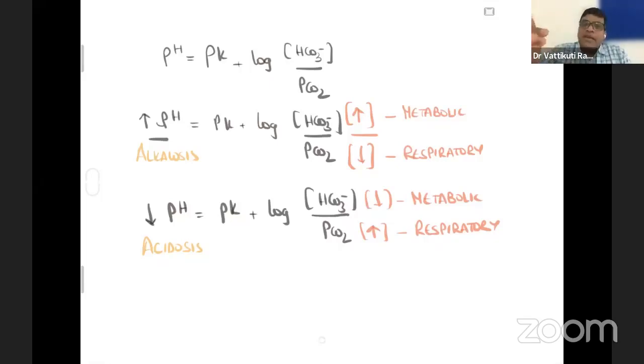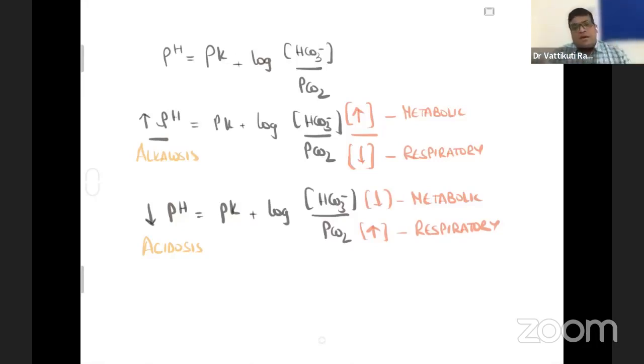So if the bicarbonate is increasing, because it is in the numerator, the pH increases. It is directly proportional. The PCO2, the carbon dioxide level you are going to measure, is in the denominator position. So it is inversely proportional to the pH. So if the PCO2 is increasing, your pH drops. If the PCO2 is decreasing, your pH increases.